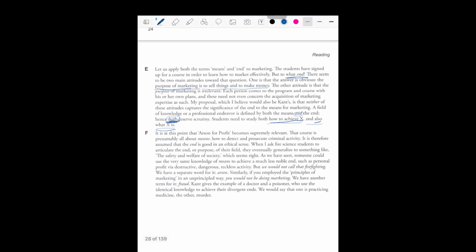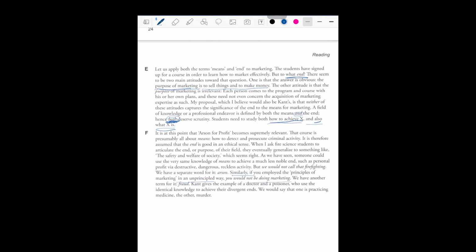Okay, let's look at the last paragraph. It is at this point that arsenal of profit becomes supremely relevant. That course is presumably all about means, how to detect and prosecute criminal activity. It is therefore assumed that the end is good in an ethical sense. Similarly, if you employ the principle of marketing in an unprincipled way, you would not be doing marketing.